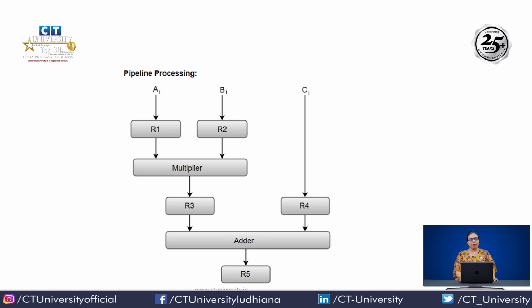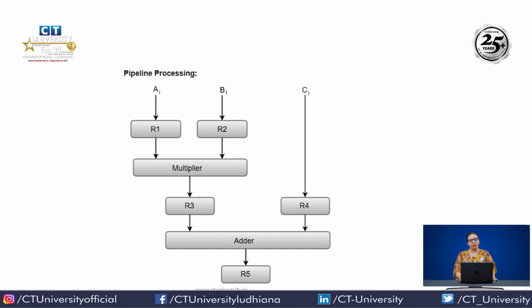For example, we pass some value A, suppose 3, which is passed to the register R1, and suppose the value 2, which is passed to B and stored in the register R2. The values of both get multiplied and stored in another register R3. Let's say 4 into 3, that is 12.